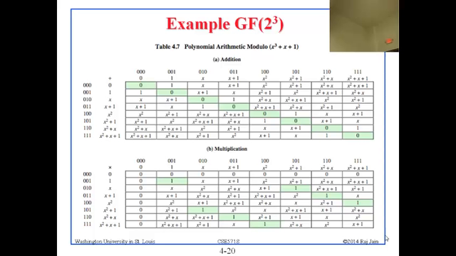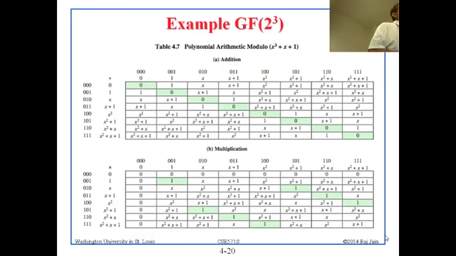So we have to divide this by x cubed plus x plus 1 to bring it down. You want to find the remainder. Right? So we do the same thing that we did before, x4 plus x squared plus x. Subtracted, we get x squared plus x plus 0. Okay, this is it. So the answer is the remainder, x squared plus x.